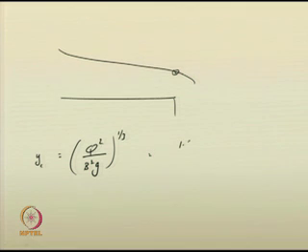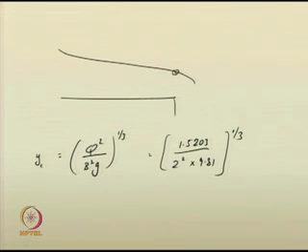Substitute the values: 1.5203 by 2 squared into 9.81, whole to the power of 1 by 3. So, your critical depth is observed to be 0.3891 meters.